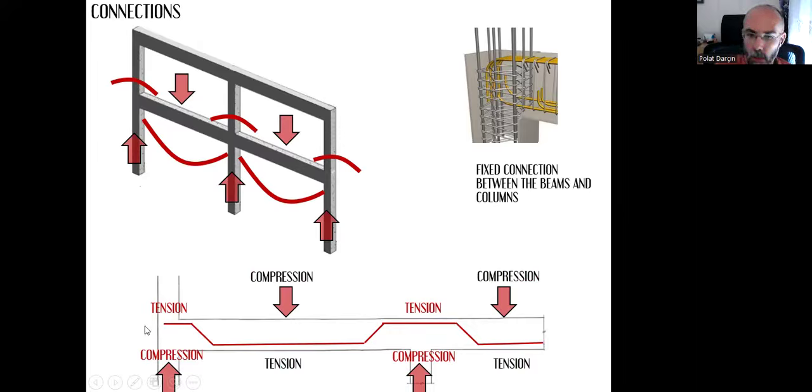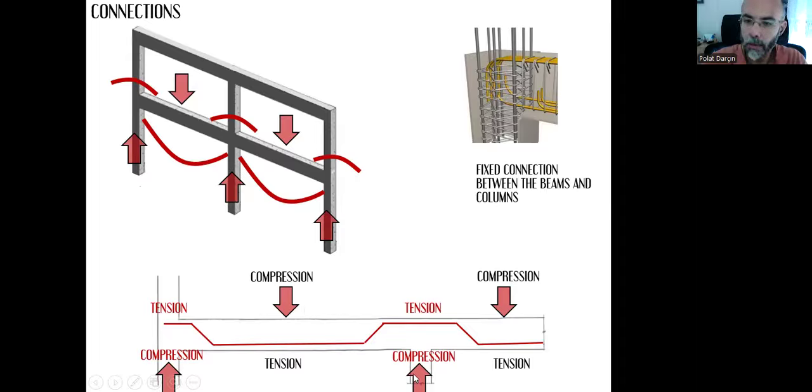So around this fixed connection, the tension is in the upper side. Our bar starts here, and then in this middle part, the tension will change position. It will be in the lower side. So our bar follows where tension goes and lets the concrete feel where compression is.